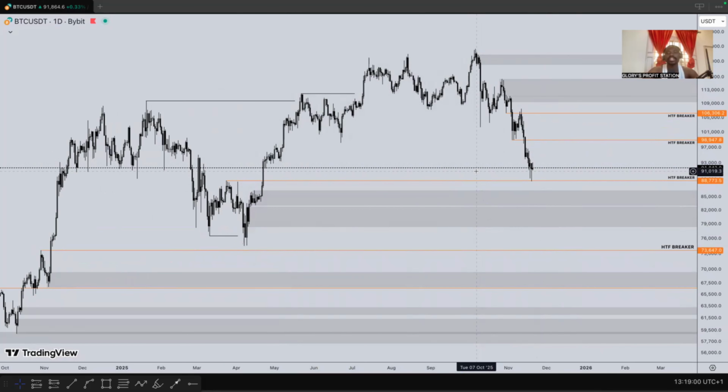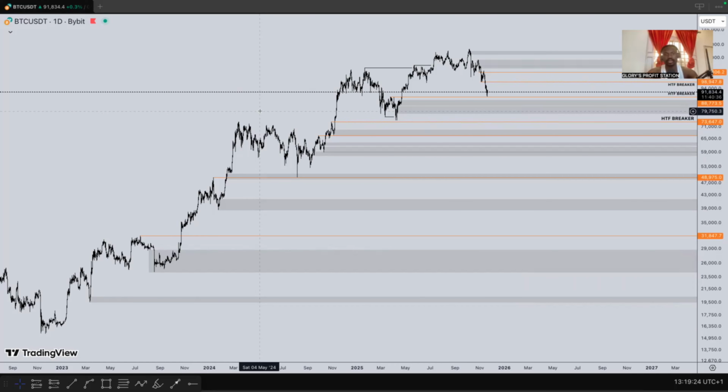And of course, are you looking at the macro structure or the micro structure? Or are you looking at the major structure or the minor structure? Are you looking at the external structure or the internal structure? A lot of these are things you would have to consider to understand market structure deeply.